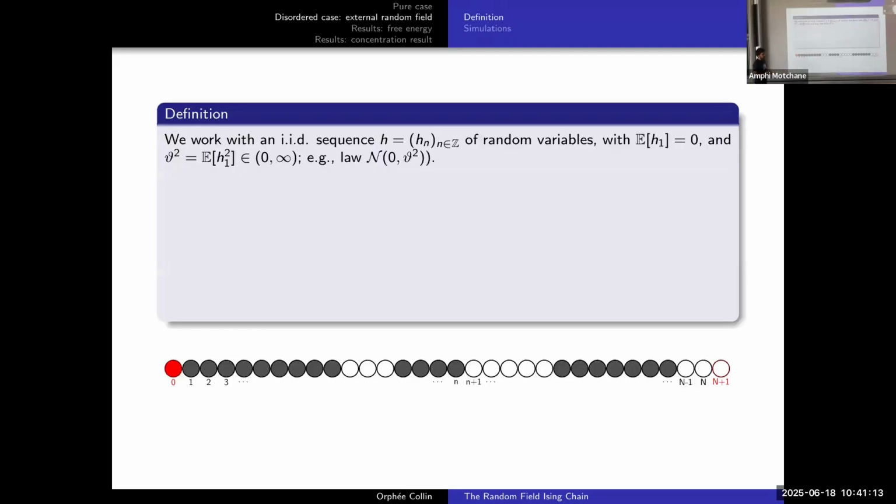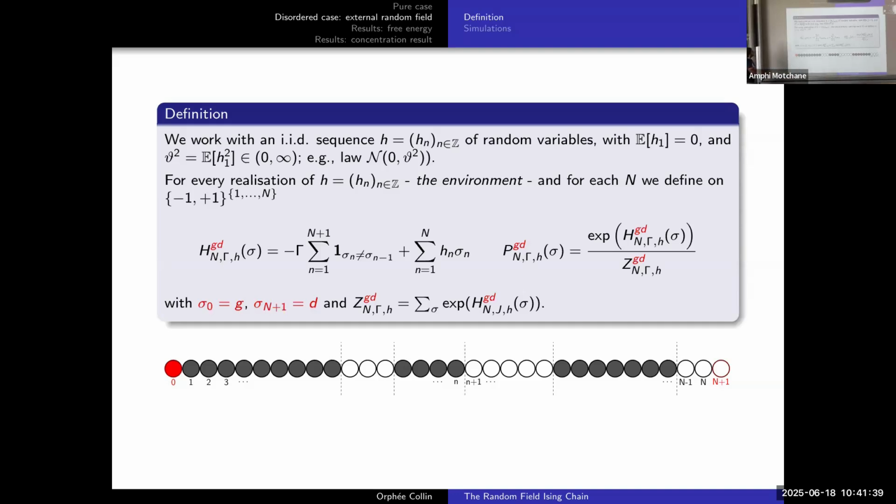And actually this noise is going to be taken as the realization of an i.i.d. sequence. So we consider an i.i.d. sequence of centered random variables with a second moment, and we assume that the law is not degenerate. For example, you can consider the Gaussian law, and the variance will be denoted by theta squared.